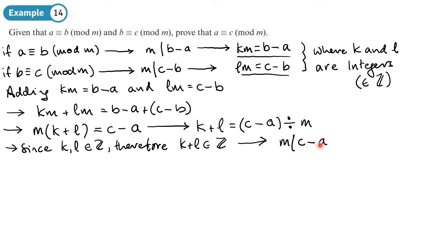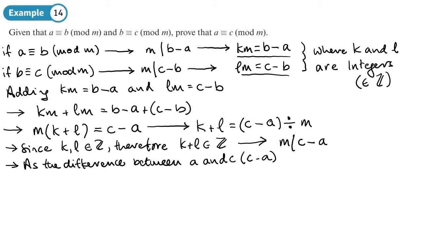So what does that mean? The difference between C and A is a multiple of the modulus, which means then that A is congruent to C. So I'm going to write that down in a sentence. As the difference between C and A, or A and C, so that's what C minus A is, it's the difference between those two numbers.